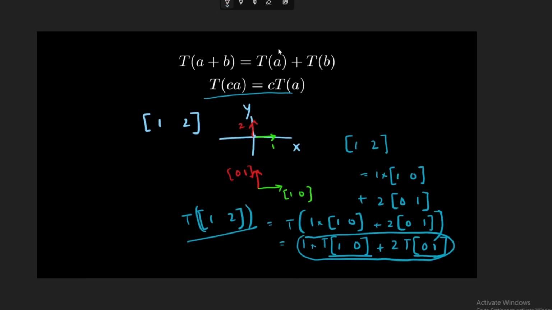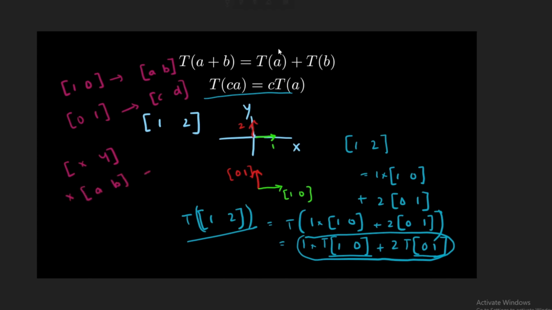So if a unit vector 1, 0 in a two-dimensional space transforms to a, b after the transformation, and the unit vector 0, 1 transforms to c, d after the transformation, then any other vector x, y transforms to x times a, b plus y times c, d.